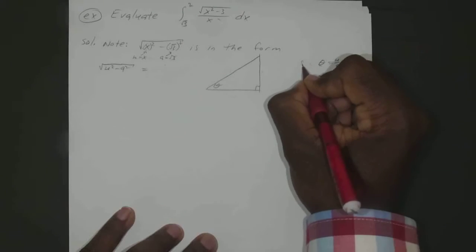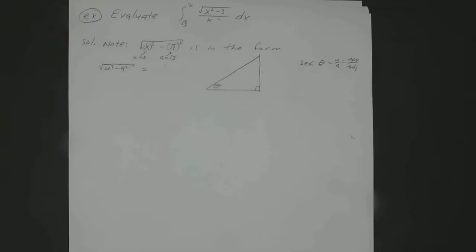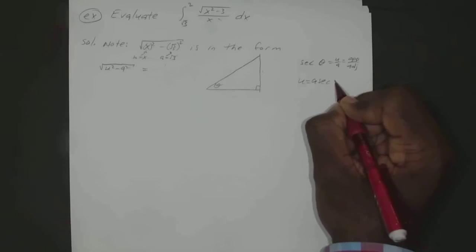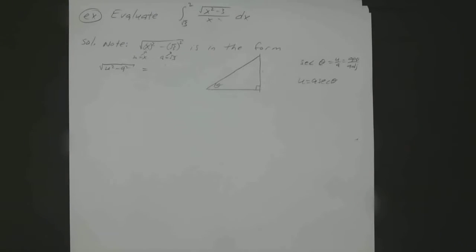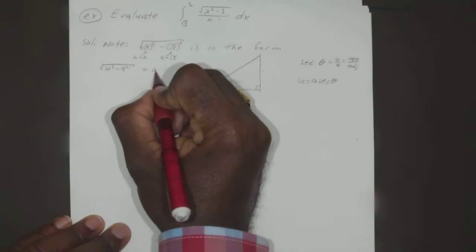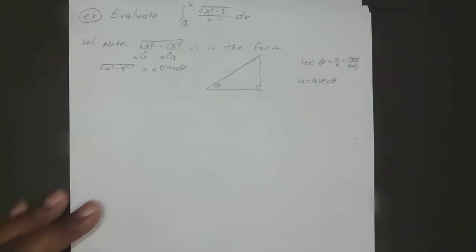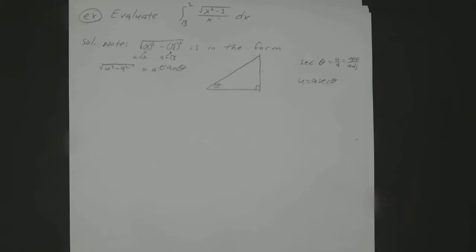Remember, the square root of u squared minus a squared is equal to a tangent theta if you let u equal a secant theta. If u equals a secant theta, then divide both sides by a, so secant theta is equal to u over a. So u squared minus a squared is tangent.